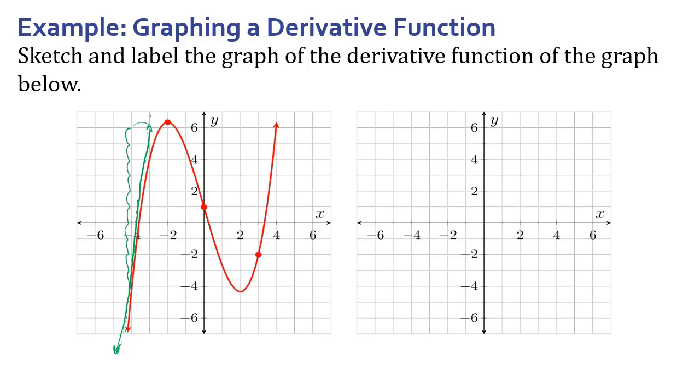So I'd say the derivative at -4 is 10. So if this is my derivative function, when x is -4, your y value is 10. So I'm just going to put a point up there.